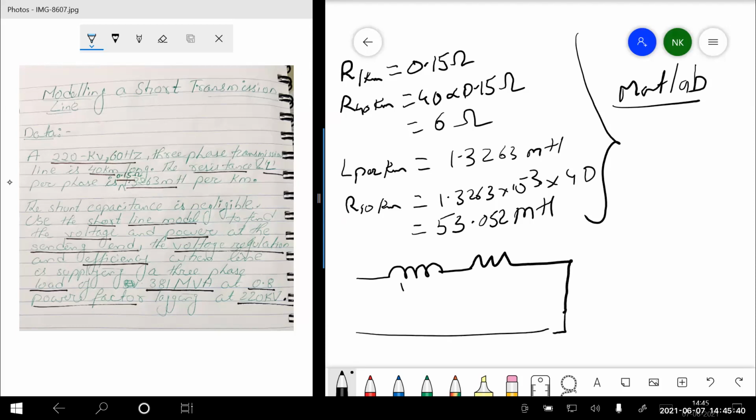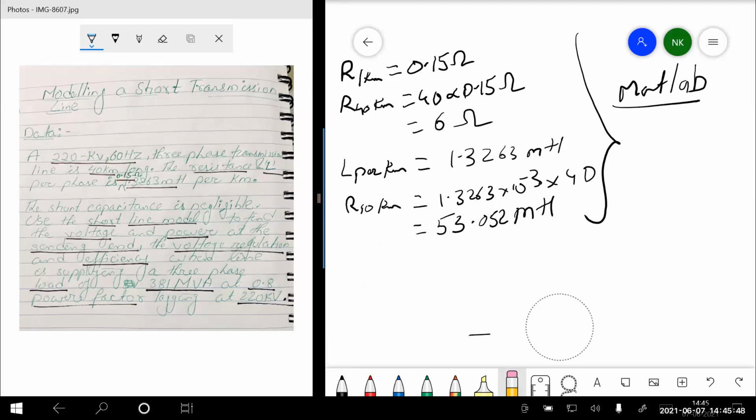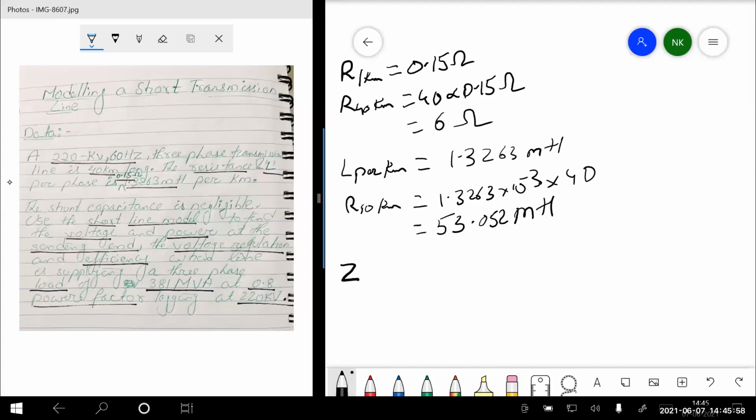So we'll have Z, which will be R plus jXL, where XL is 2 pi f L. So what will be the answer for Z? 6 plus j53. Is that what you will write?